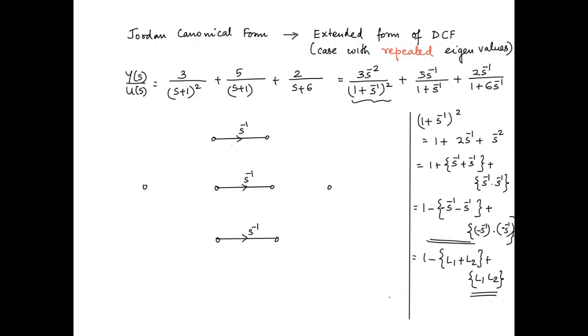We can mark the loops like minus 1, minus 1, minus 6. Now, in order to form this path, we need to utilize 2 s^-1 terms and also the 2 loops, that is minus s^-1 and this minus s^-1 loop.